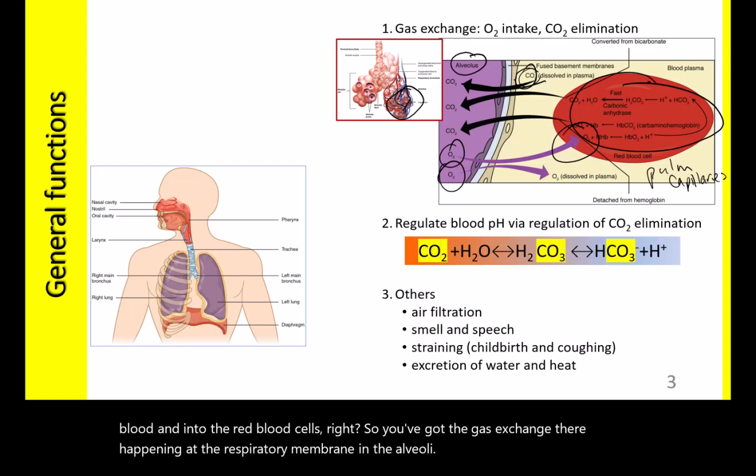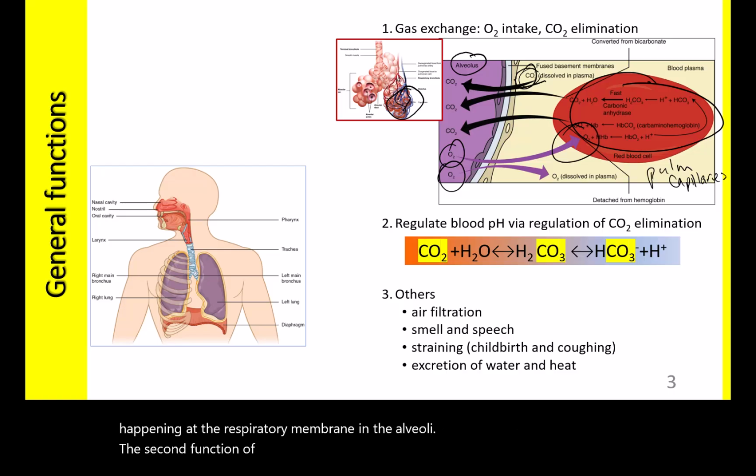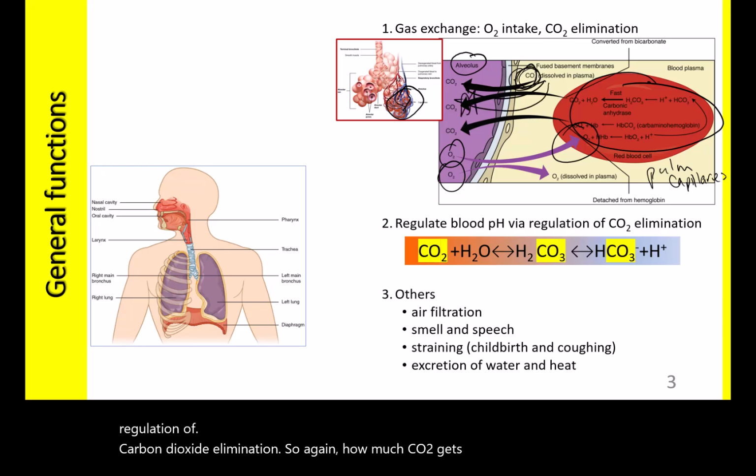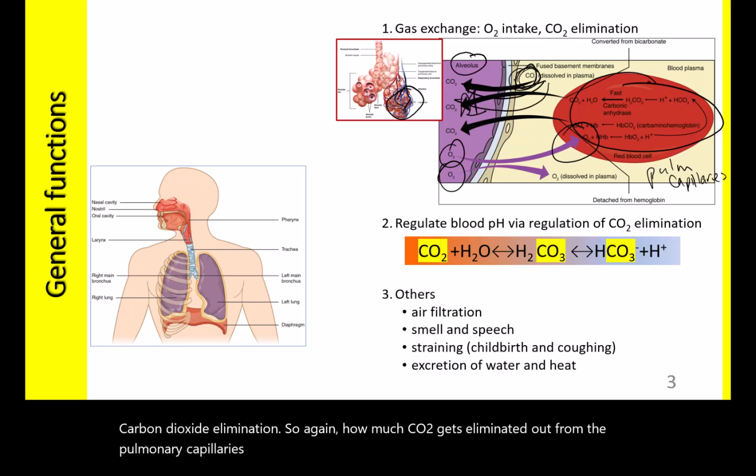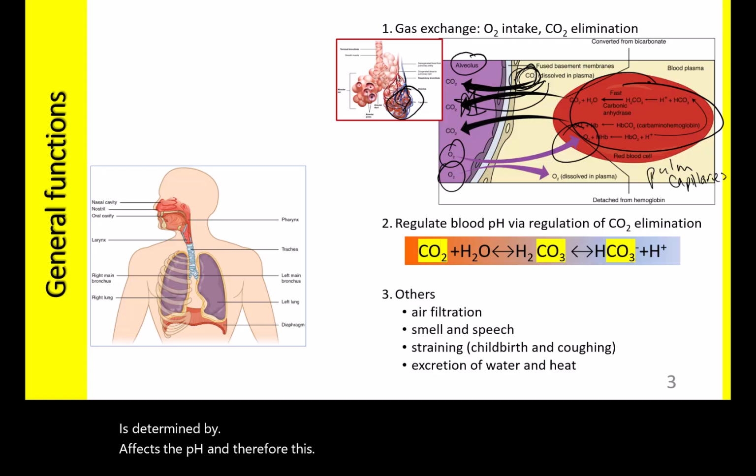The second function of the respiratory tract is that it regulates blood pH via the regulation of carbon dioxide elimination. How much CO2 gets eliminated from the pulmonary capillaries into the alveolar air affects the pH, and therefore carbon dioxide elimination helps to regulate blood pH.